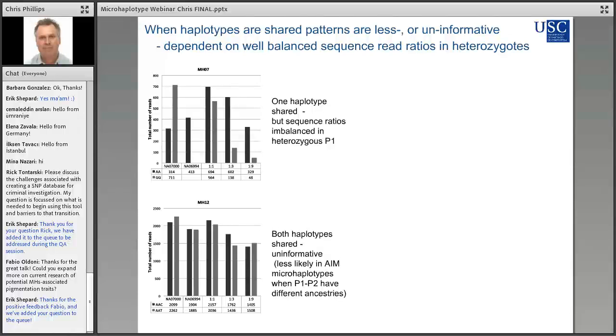So the 1-to-1 mixture really looks imbalanced in the opposite way. And it's difficult, therefore, to be quantitative about the contribution of both components here. Here we've got full allele sharing, so these are uninformative, as you would expect. So it really does depend on the balance that we see between the sequence read ratios in an MPS situation.